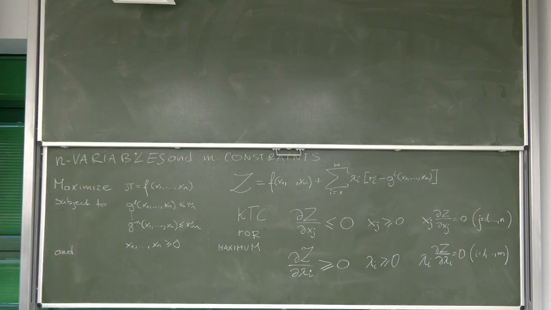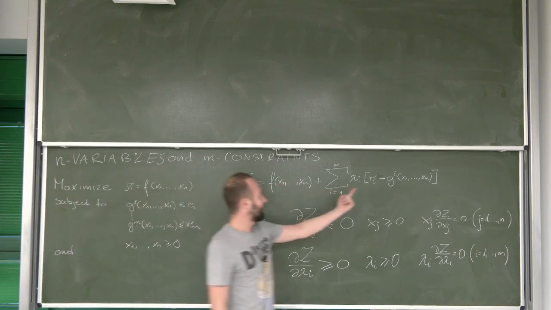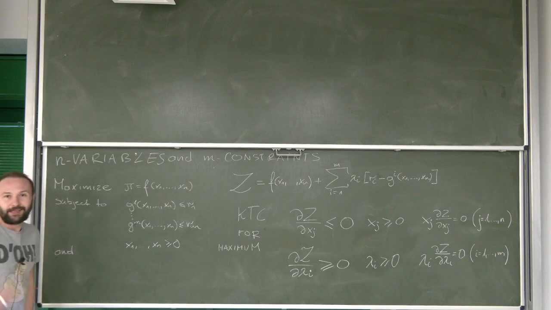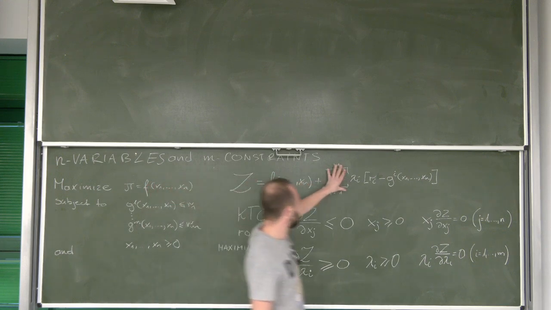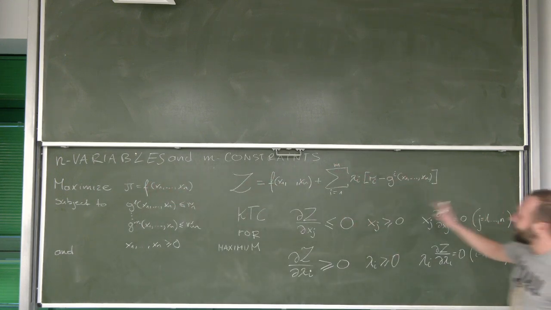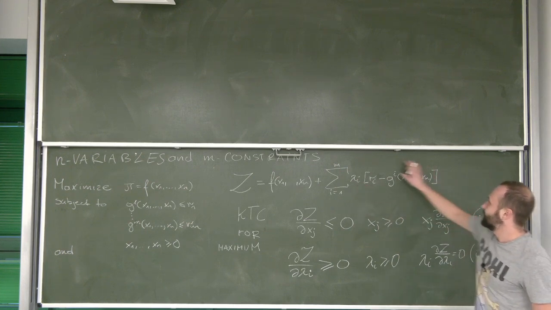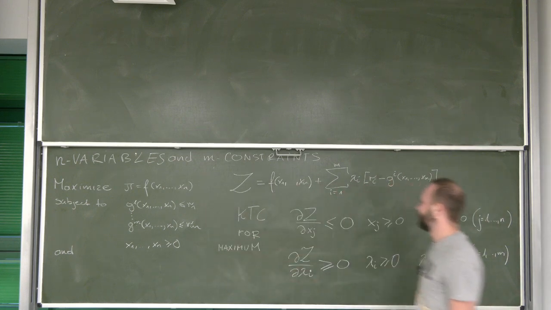What do we need to do first? Well, first thing, we need to form the Lagrange function. Of course, we use the original function, and here we will have the sum of the product of Lagrange multipliers times the transformed constraints that we have over here.